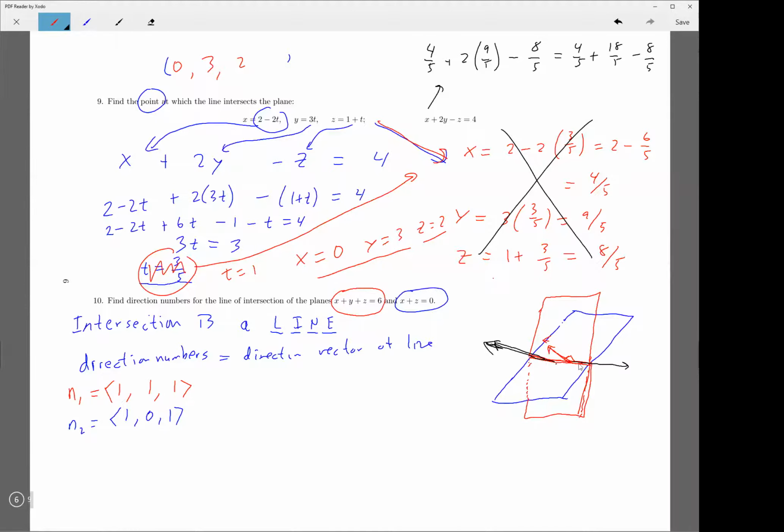So this red vector is normal to the direction vector of the line. And likewise, the normal to the blue plane is also normal to the line. So these two vectors are both normal to the direction of the line. That means that to find the direction numbers or the direction vector of the line, we simply do what?